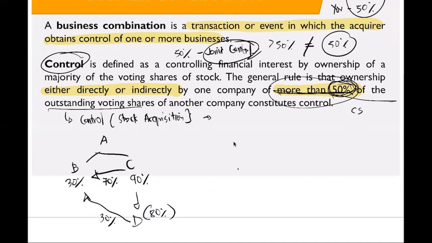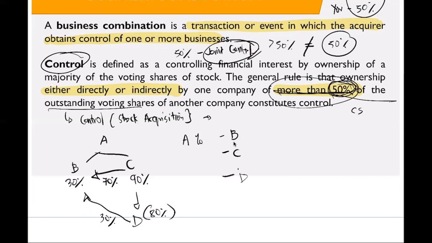Okay? A owns B at 30%. A owns C at 90%. C owns B at 70%. D owns B at 30%. C owns D at 80%. So what are the ownership percentages of A as to B, as to C, and as to D?